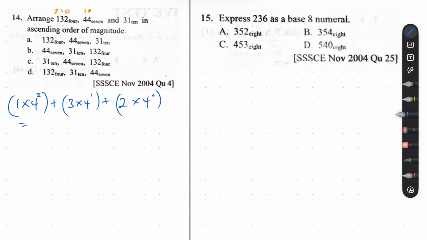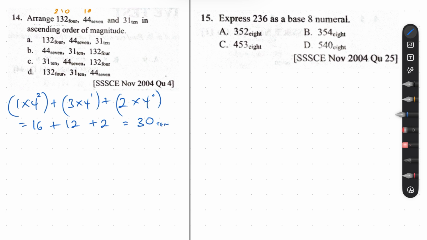What do we have? That will be 16 plus 12 plus 2. That will give us 28 plus 2, 30. So this is 30 base 10.